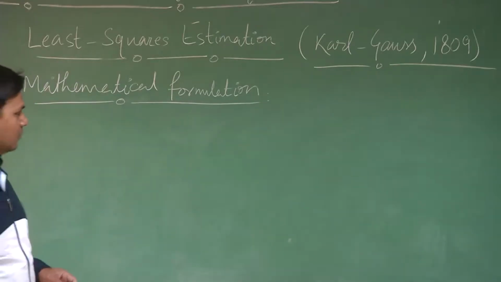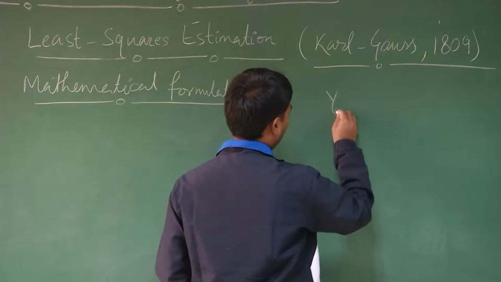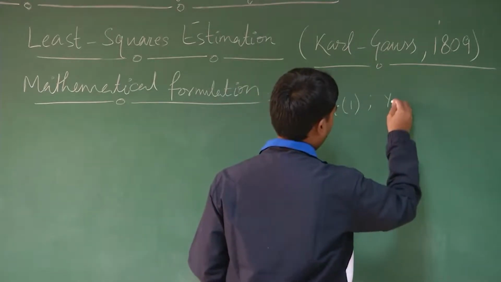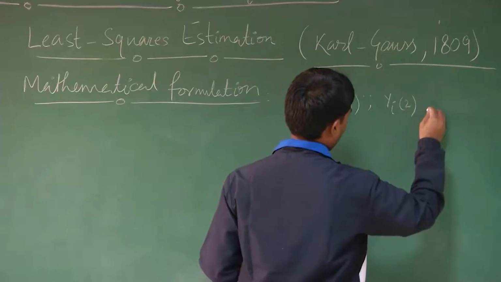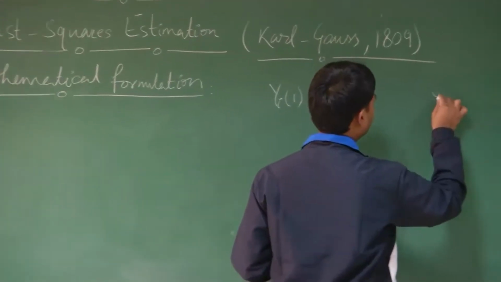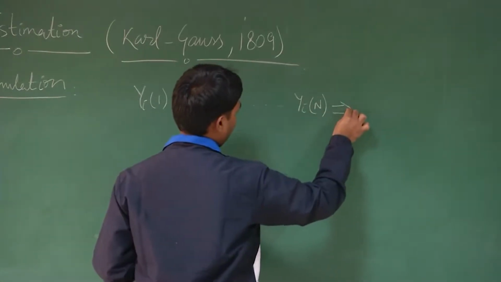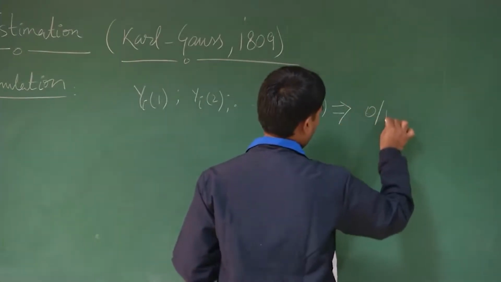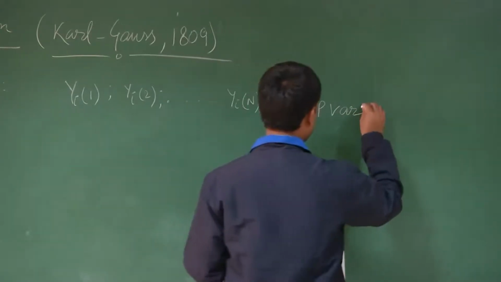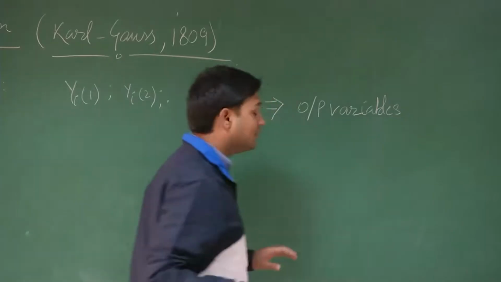Suppose you have n samples of data for the output. So I'll write yi1, yi2, like this you have n samples. These are basically your output or dependent variables of n samples.